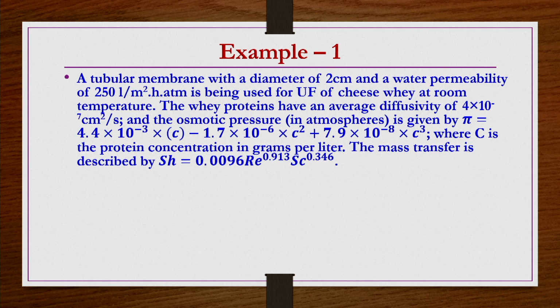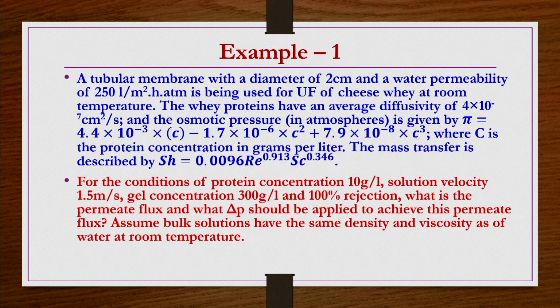The mass transfer is described by the Sherwood number, and the Sherwood number as a function of Reynolds number and Schmidt number is given here. Now, for the conditions of protein concentration 10 grams per liter, that is the C1, and solution velocity 1.5 meter per second, the gel concentration, that is Cs, is given as 300 gram per liter. C1 is 10 gram per liter.